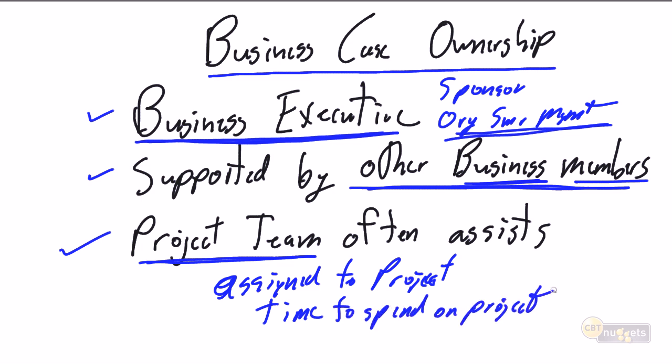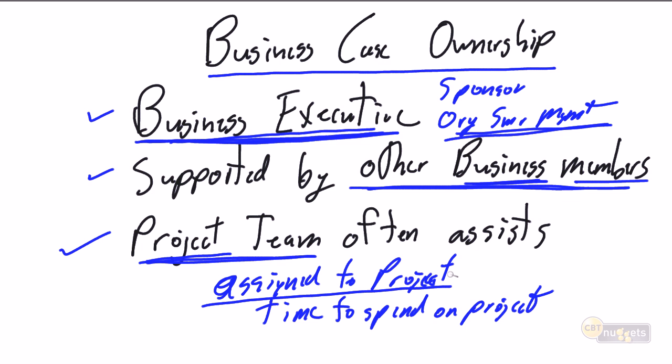And why am I calling that forward? Because the business executive doesn't have a lot of time. The business executive has a full day job and probably a full evening job. The other business members, including our project sponsor and project acceptor, also have day jobs and are typically never 100% assigned to the project, where the project team is often assigned 100% to the project.